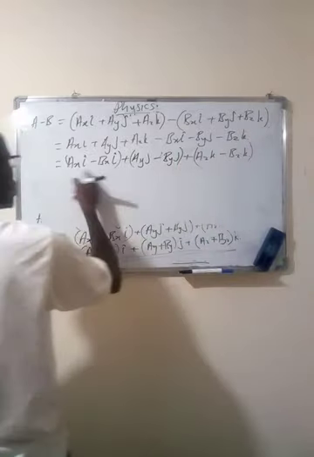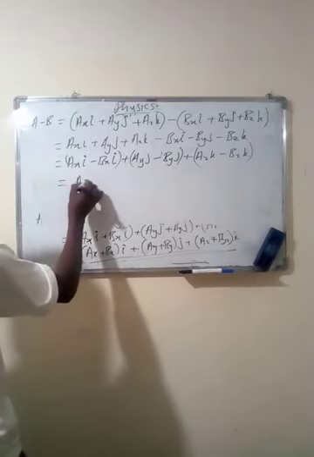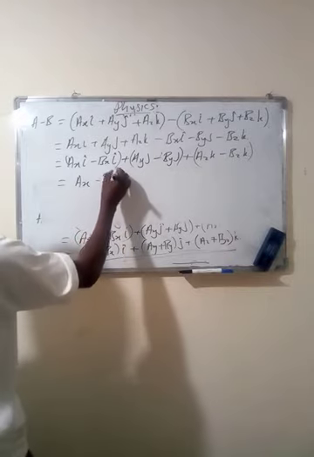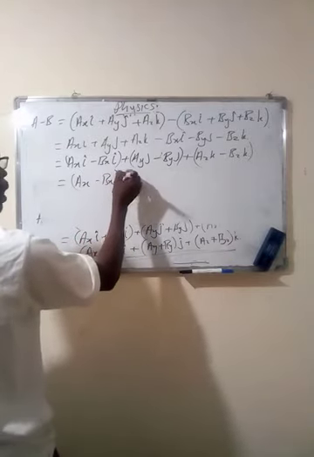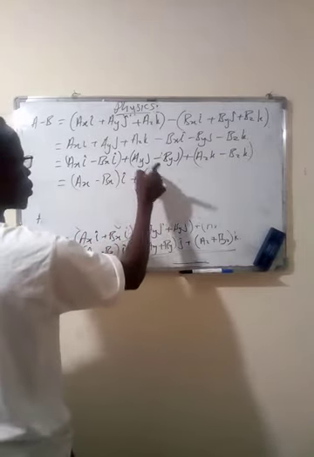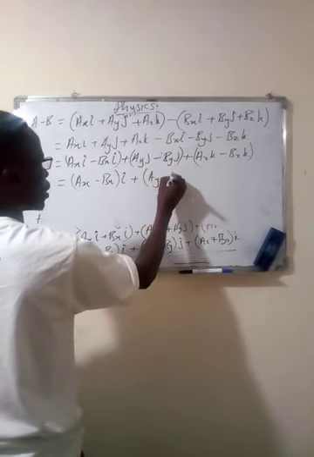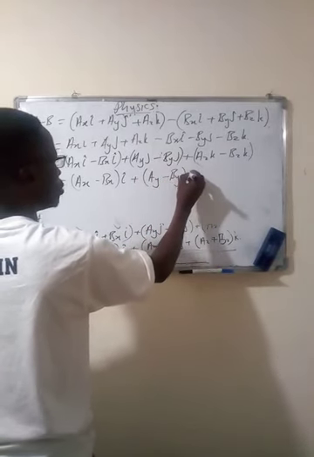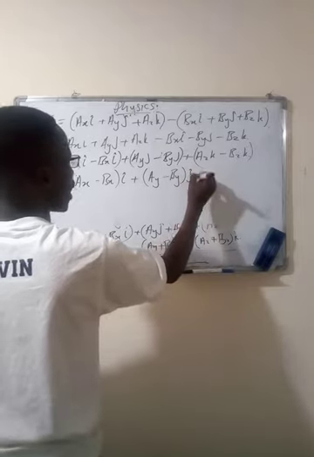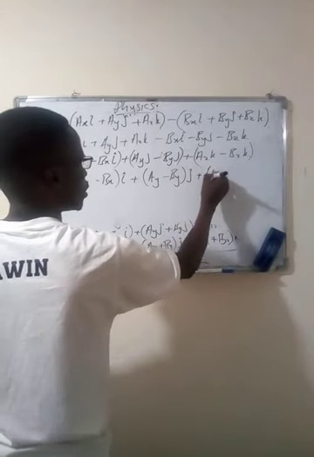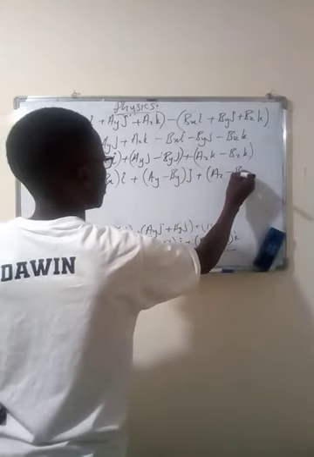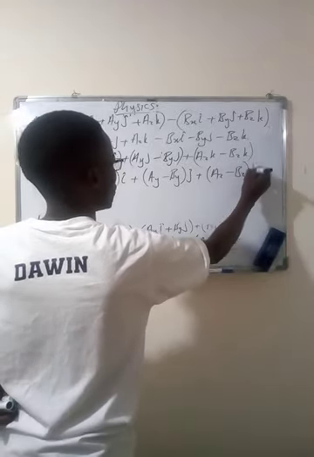So this is AX minus BX I, and then it's positive, so we're going to have AY minus BY J plus, because it's positive there, AZ minus BZ K.